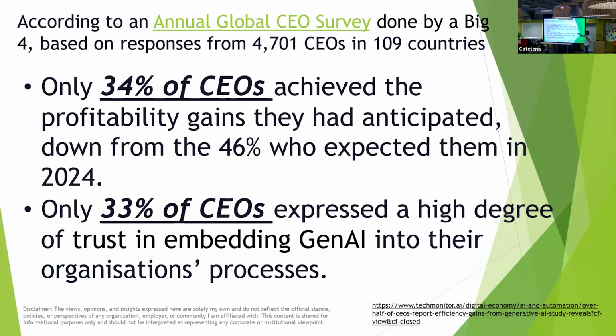Similarly, out of 100 CEOs, only 33 are saying they can enable GenAI in their ecosystem. That means 66 are saying, no, I cannot. So you can see there is a gap.